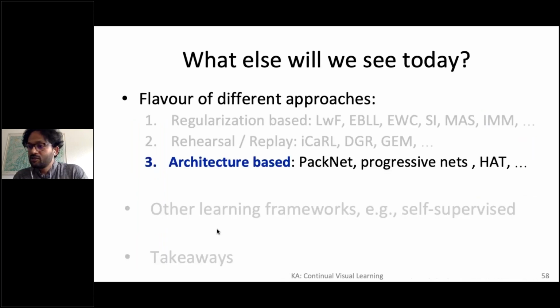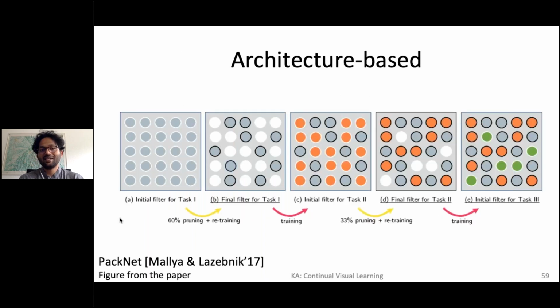Okay, so maybe in just a couple of minutes, I'll go through this third class of approaches, which is that of architecture-based methods. Here I'll take the example of PackNet, where the idea is very intuitive. Here we're looking at one layer and one filter in a layer of a neural network. Each of these is a node in your neural network, and there is a corresponding weight or theta parameter associated with it.